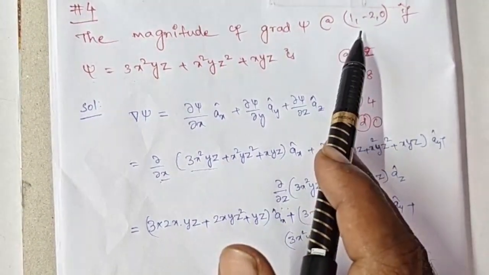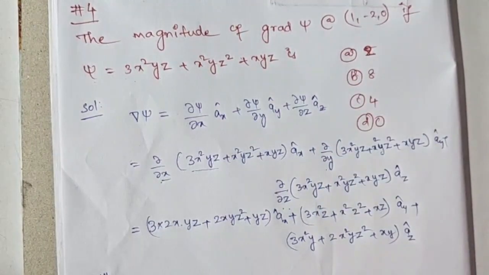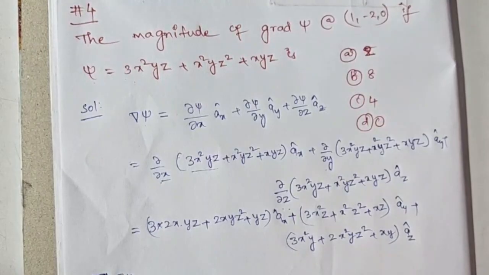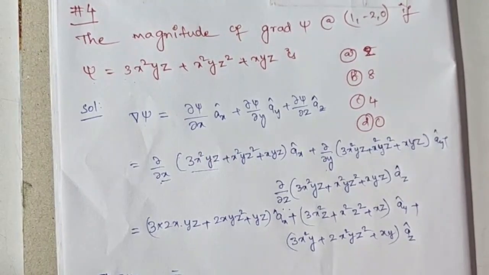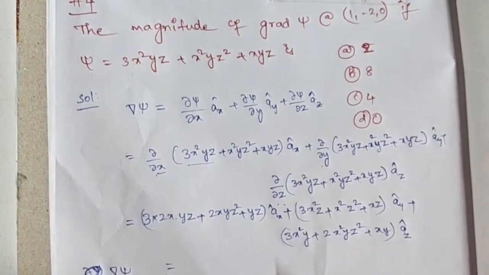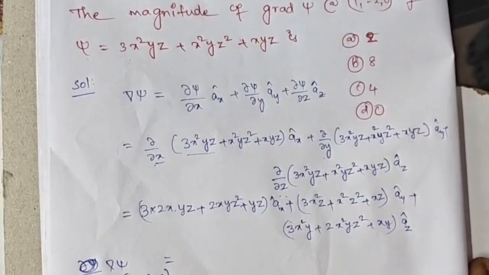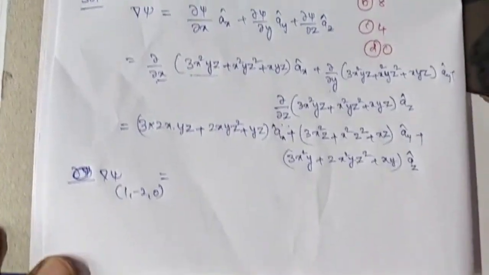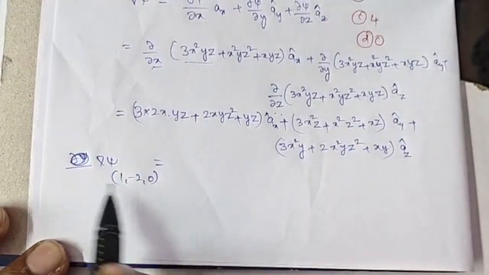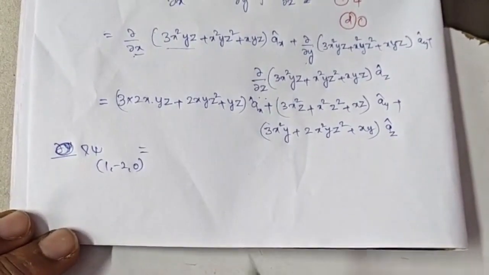Now in the problem it is given, we need del psi at point 1 comma minus 2 comma 0. So that means x equal to 1, y equal to minus 2, z equal to 0, you need to substitute.